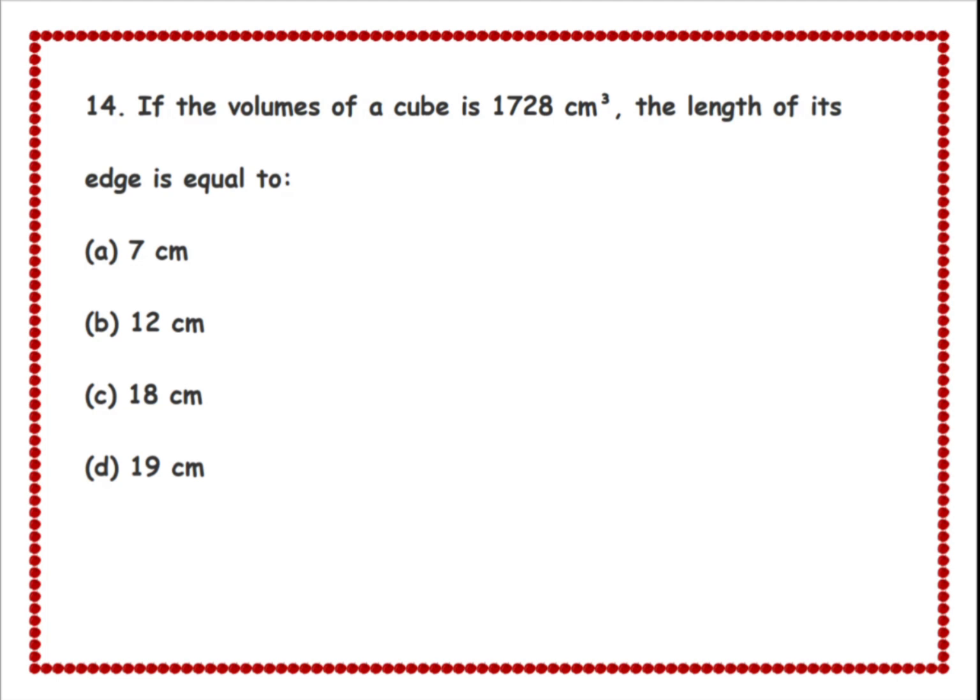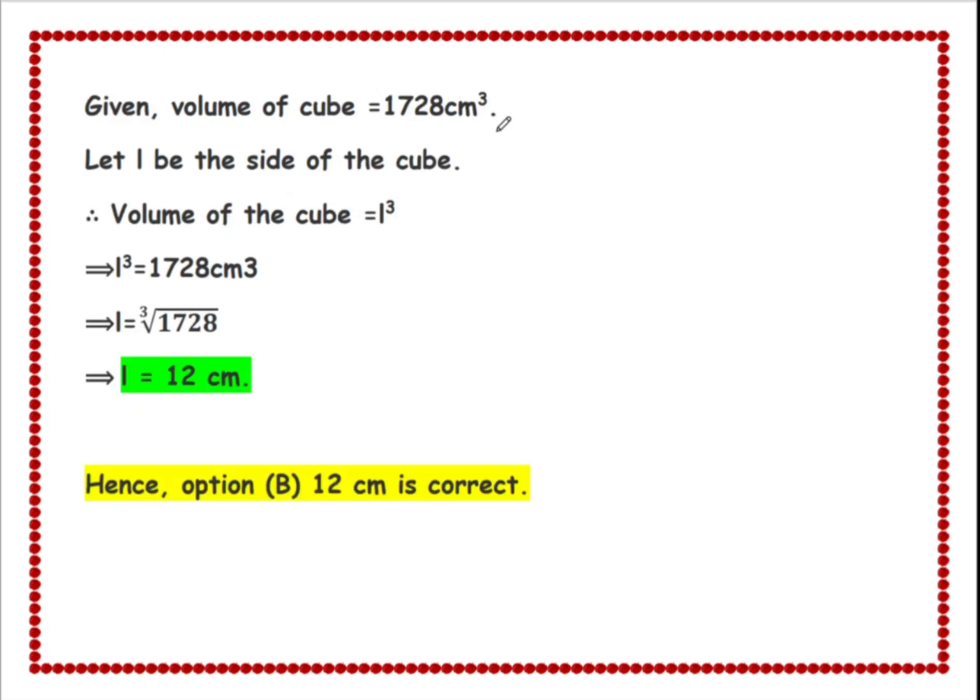Students, we know that volume of cube is given by the formula L cube, that is, let L be the side of the cube, volume of the cube will be length into length into length. Therefore, substitute volume of cube as 1728. Therefore, L cube equals 1728. Therefore, L equals cube root of 1728. Therefore, L equals 12 centimeter. Therefore, the correct answer is option B, 12 centimeter.